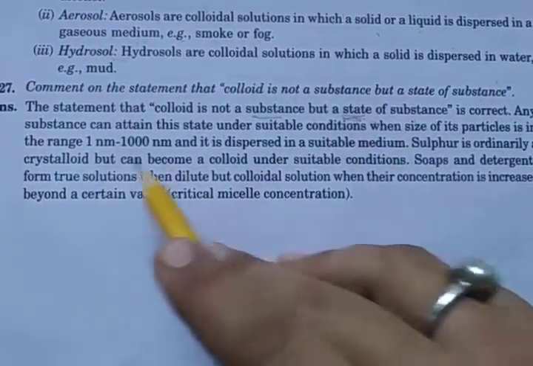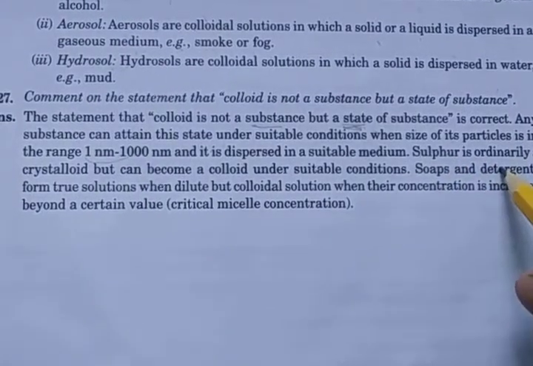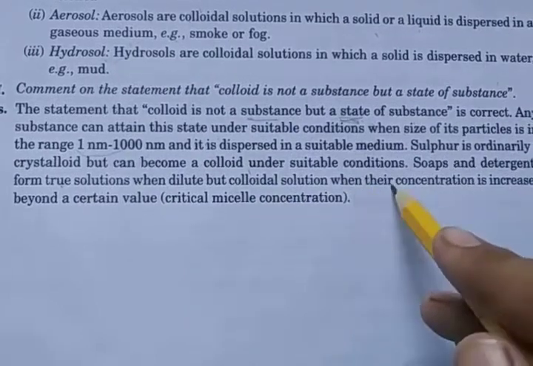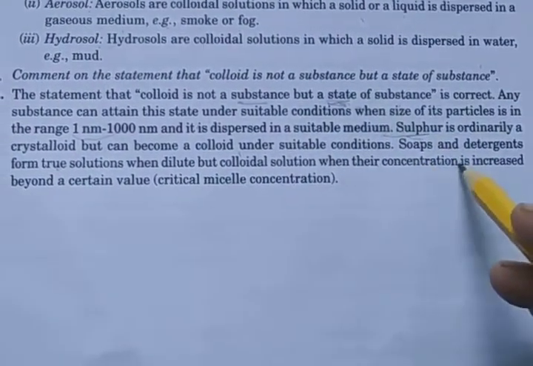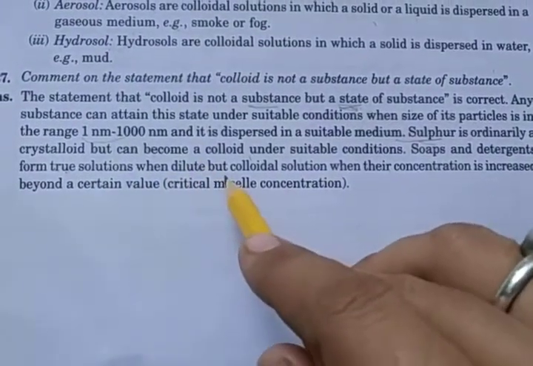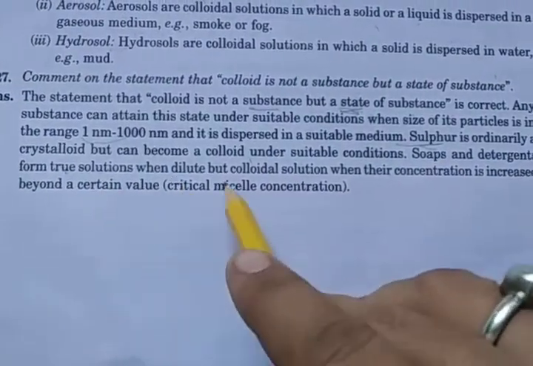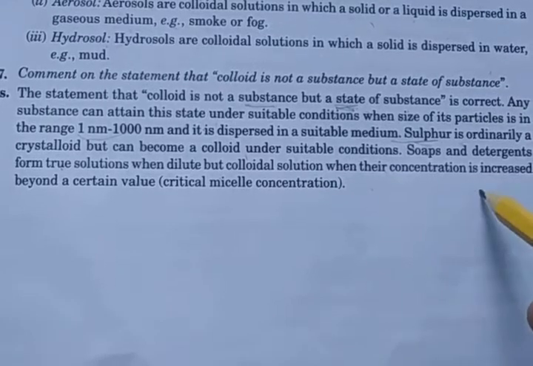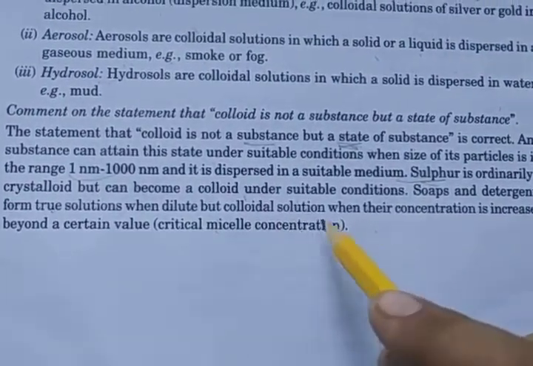So the main reason is size. Like sulfur is ordinarily a crystalloid but can become a colloid under suitable conditions. Soaps and detergents form true solution when dilute, but colloidal solution when their concentration is increased beyond a certain value, that means CMC, critical micelle concentration.